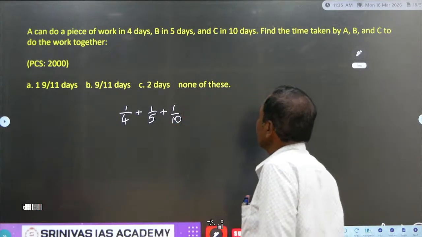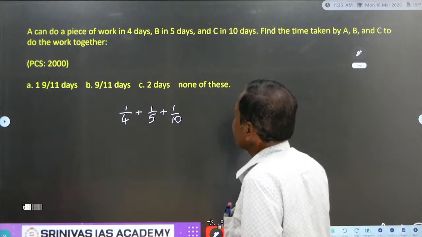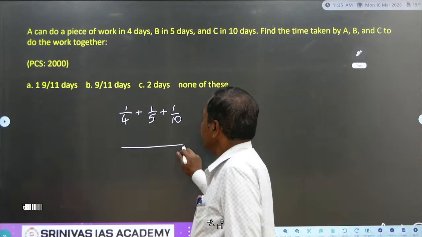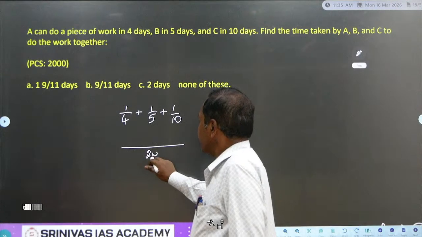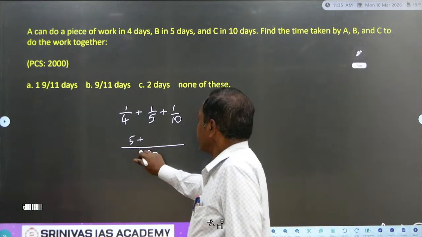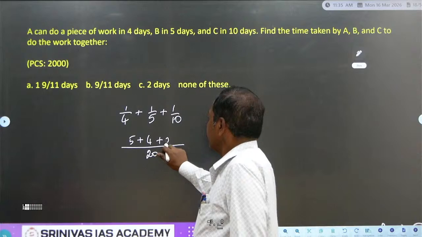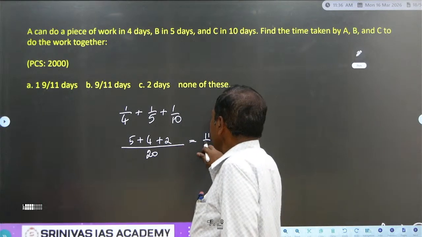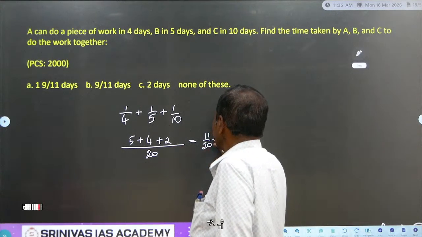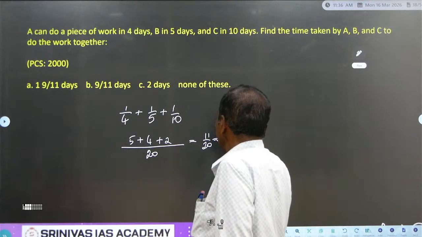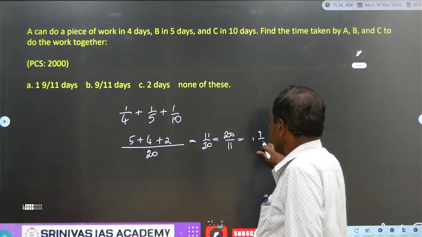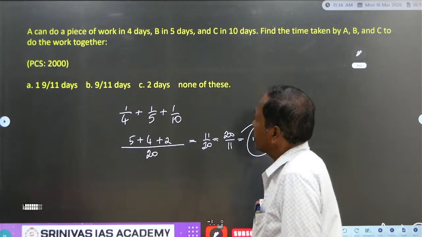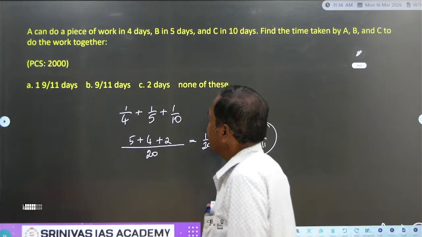LCM is 20. 5 plus 4 plus 2, 11 by 20. Reverse the fraction, 20 by 11, which is 1 9 by 11 days.